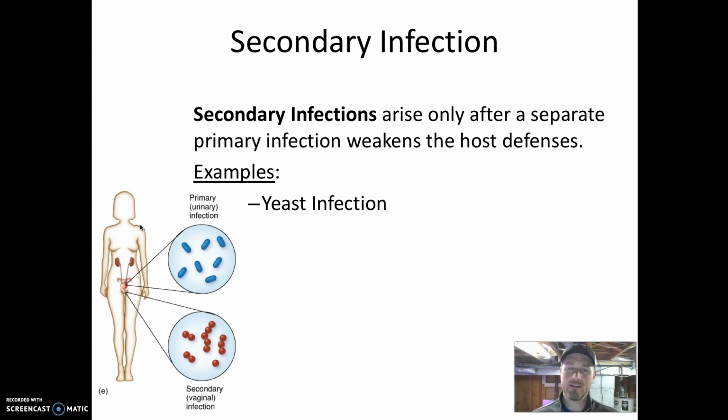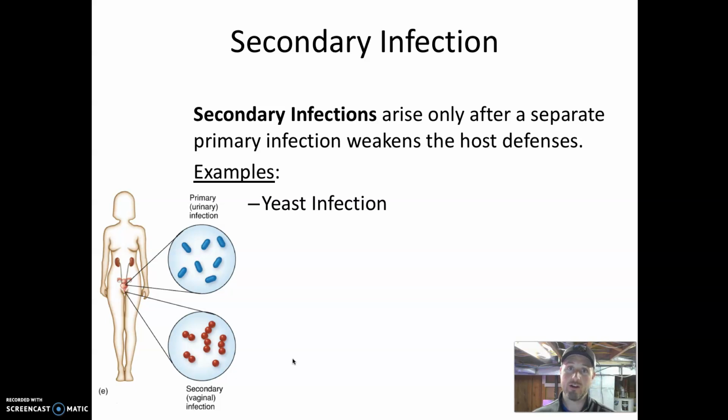So this is common in yeast infections that there's a primary infection, often a urinary tract infection, that weakens the host's defenses and allows another microorganism to overgrow in another part of the body, the vagina, leading to a yeast infection.